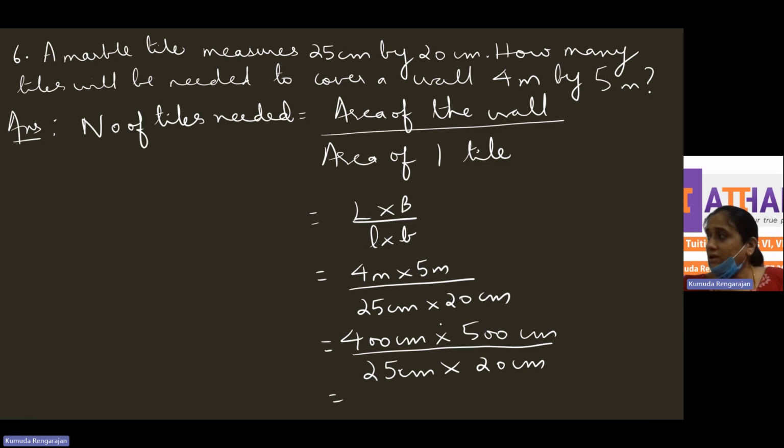Take one number from the numerator, take another number from the denominator. Now I'm taking 500 from the numerator and 25 from the denominator. I'm going to divide 500 by 25. Use the tables. 25 ones are 25, 25 twos are 50, so 500 will be 20 times.